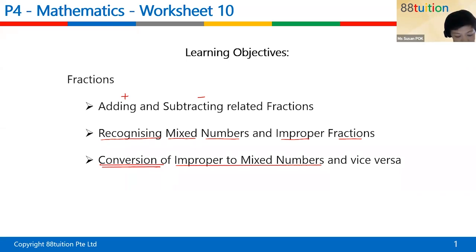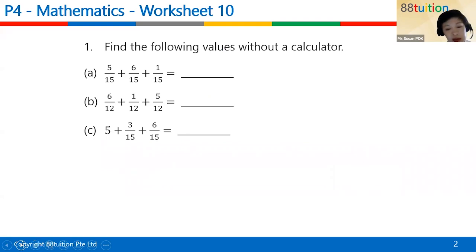Okay, let's start with this question now. Find the following values. You cannot use a calculator, so must do it mentally. First thing first, when you do a fraction, we must understand that a fraction comes in numerator and denominator. For the addition and subtraction of fractions, we must always check the denominator. Why?